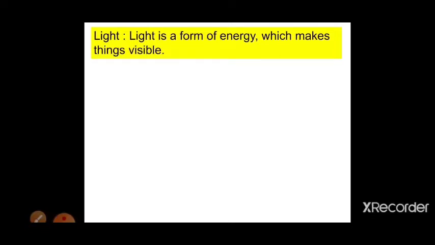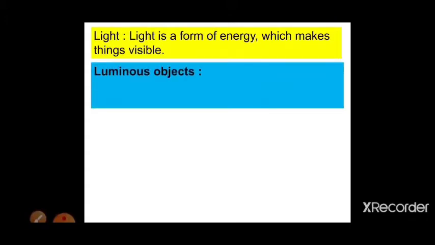Okay, you might observe some objects around us which give light on their own, like sun, stars, then glowing bulb, glowing tube light, candle. So these all are giving light themselves.